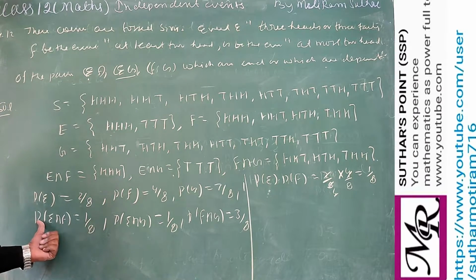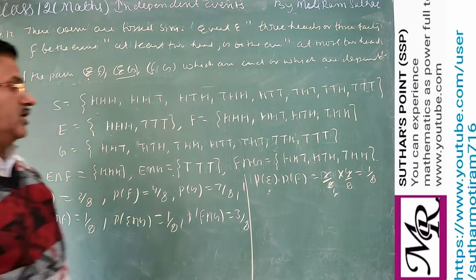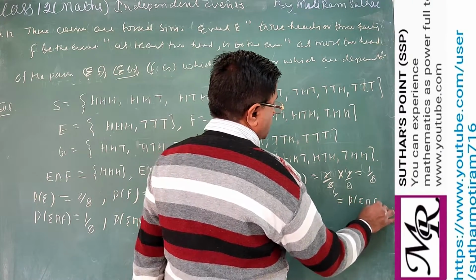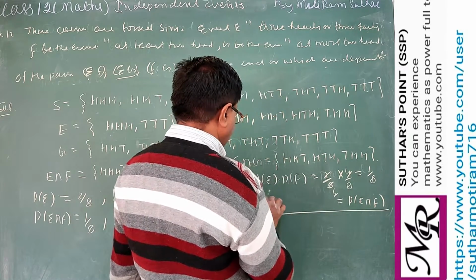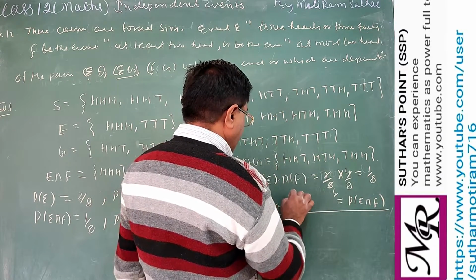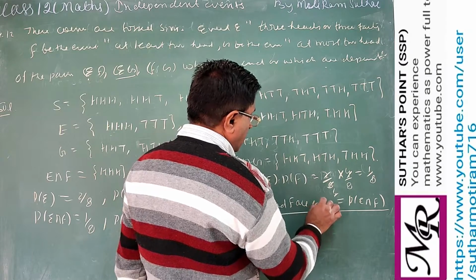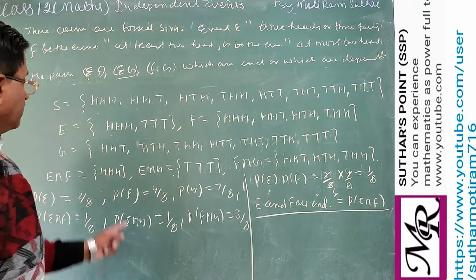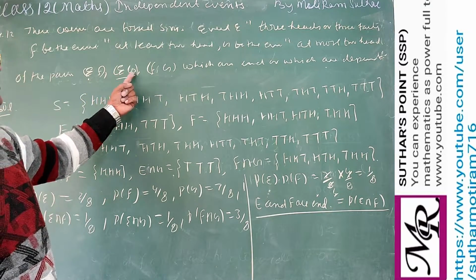Yes, it is equal to P(E intersection F). So what we get? E and F are independent. So the first case is finished.